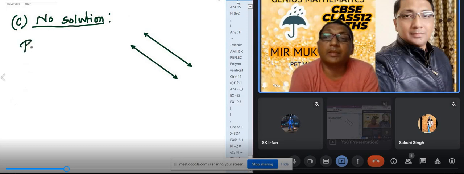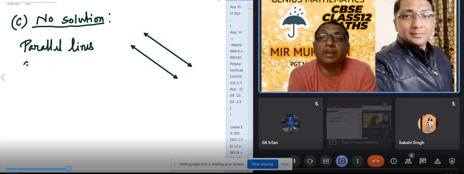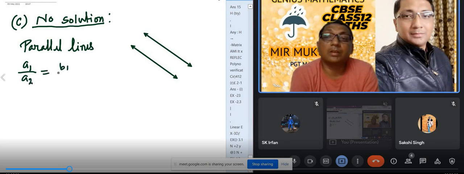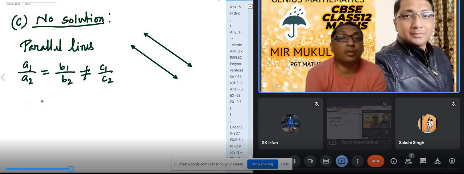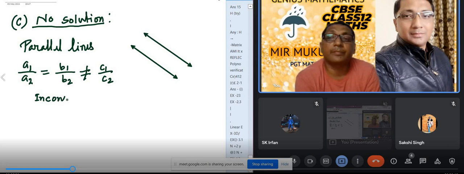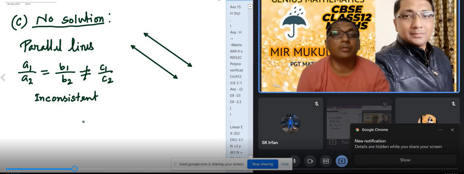So here we'll get parallel lines. Conditions will be a1 by a2 equals b1 by b2 not equal to c1 by c2. Since we are not getting any solution, it will be inconsistent. Right. So these three types of solution we'll get.